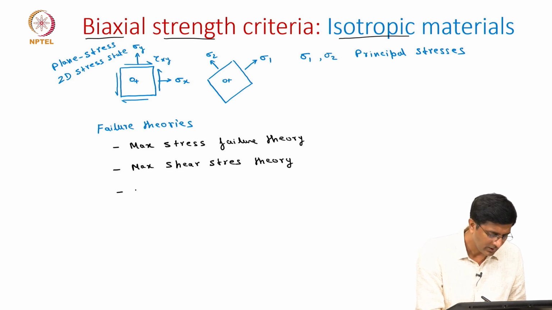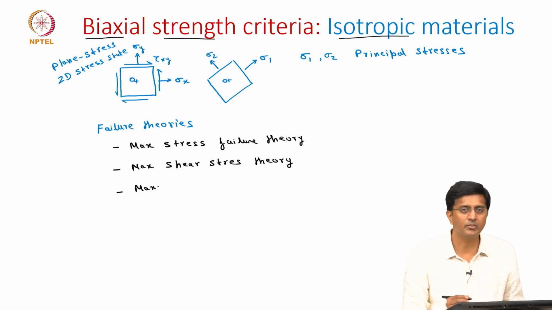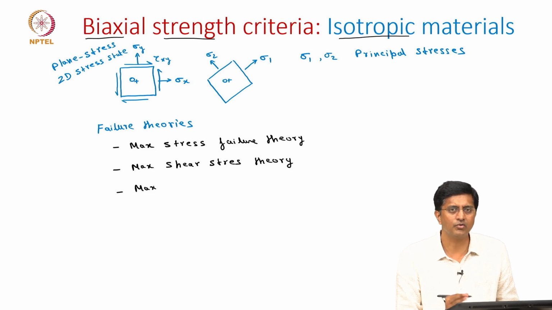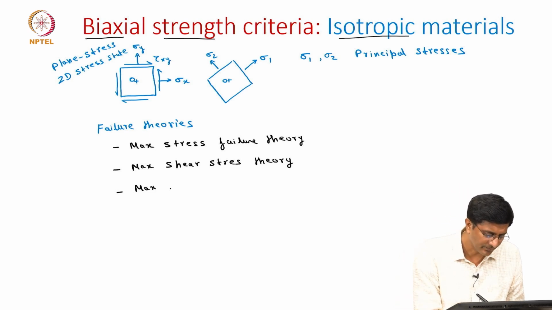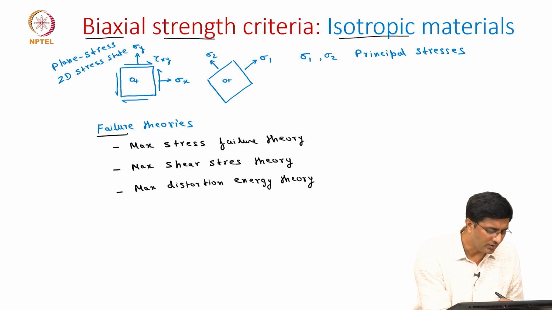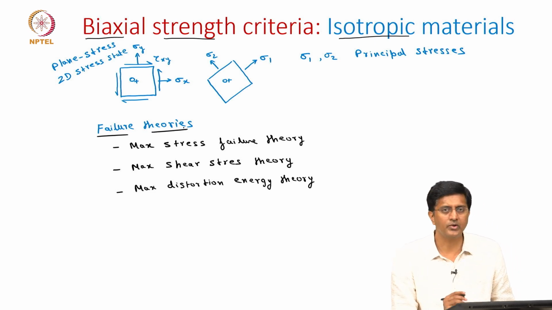And then there is the very commonly used maximum distortion energy theory, or the von Mises failure criterion. In all these failure theories, essentially what are we looking at?